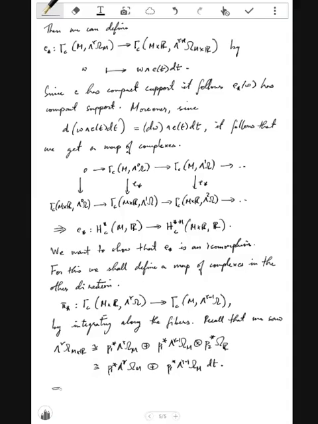So this implies it's isomorphic to M and t.